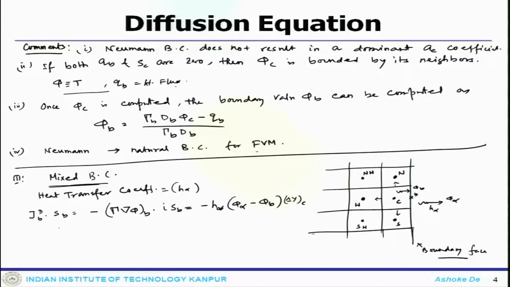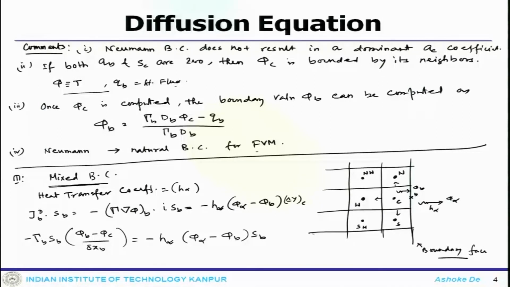So, if you rewrite this expression, one can write gamma B S B times phi B minus phi C by delta x B, which is minus H infinity into phi infinity minus phi B times S B. So, that is what it gets you back.